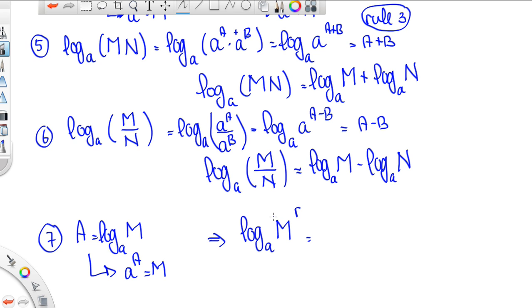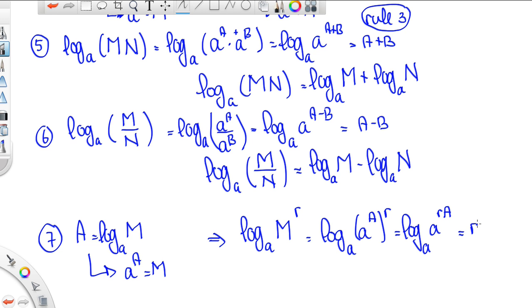So what can we do with this? Well, we know that m is a to the exponent of a, right? And then we're raising that to the exponent of r on the inside. So that means that we should get multiplication here, because an exponent on top of an exponent is just the product of those.